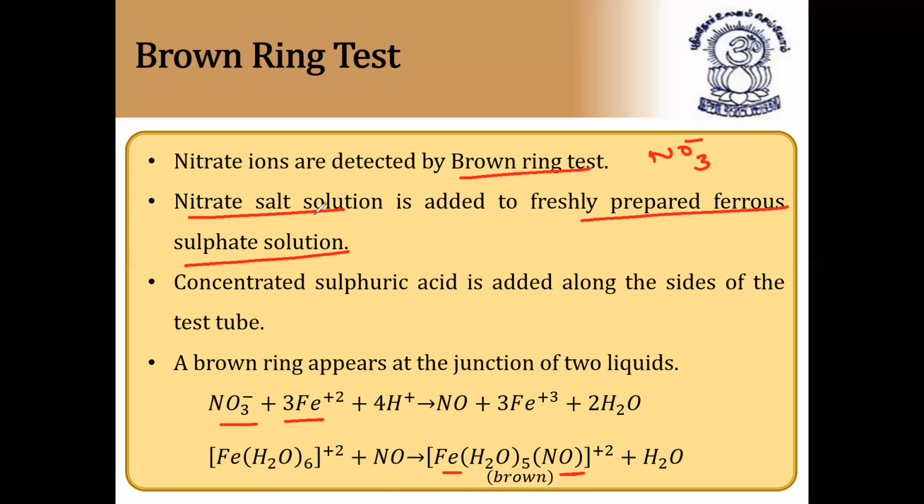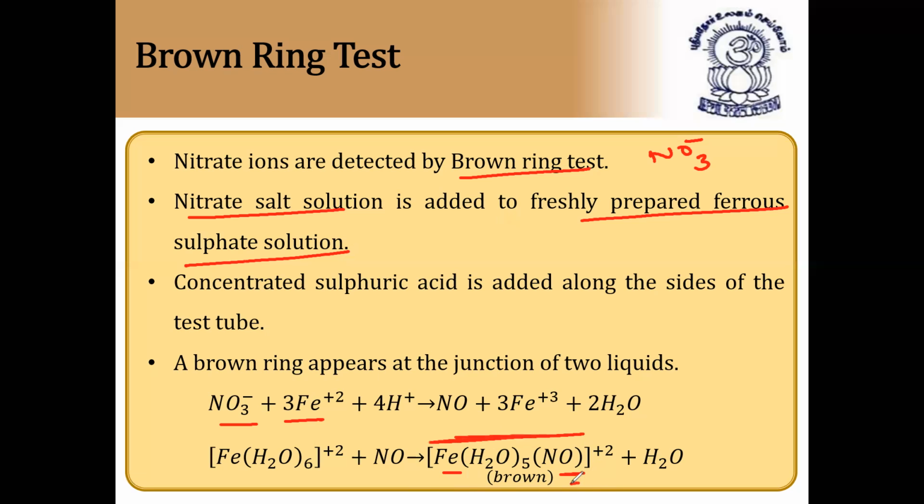When nitrate salt solution is added to freshly prepared ferrous sulfate solution, followed by concentrated sulfuric acid, a brown ring is formed. What is the formula of the complex compound formed? That is penta-aqua iron, with five waters, ferrous nitrogen monoxide. Definitely they'll ask this formula in the examination.